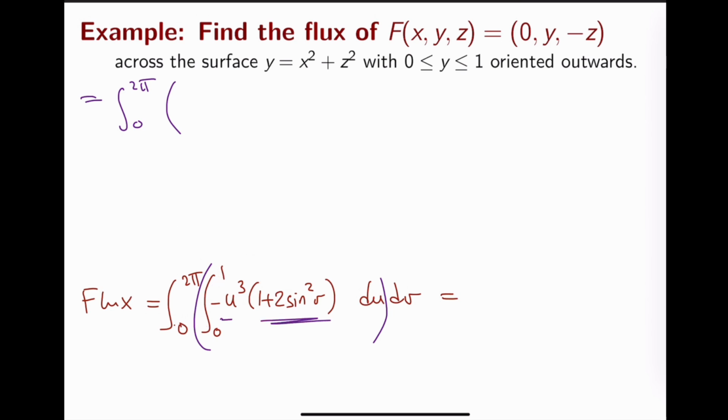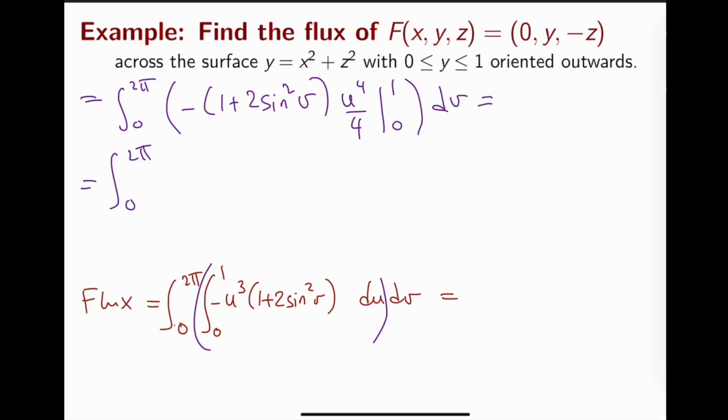So this part will be a constant, I leave it out, so that will be minus 1 plus 2 sine squared of v, and the integral of u cubed will be u to the fourth over 4 evaluated between 0 and 1. I still do the evaluation before doing this final integral. So the evaluation of this between 1 and 0 is just 1 minus 0, which is just 1. And so this is going to be then minus this as it is times 1/4.